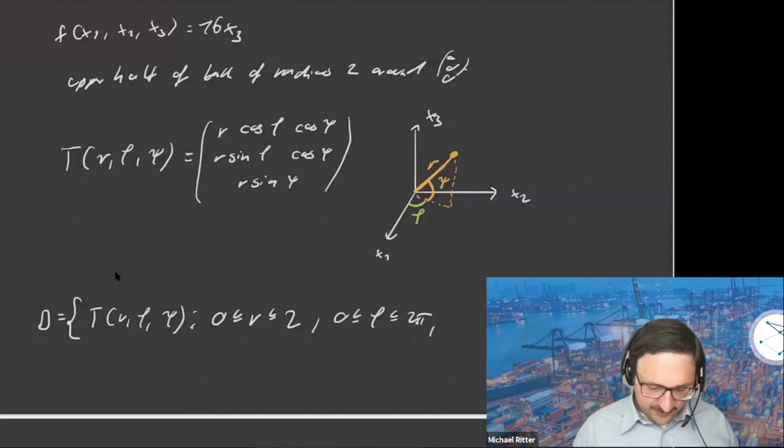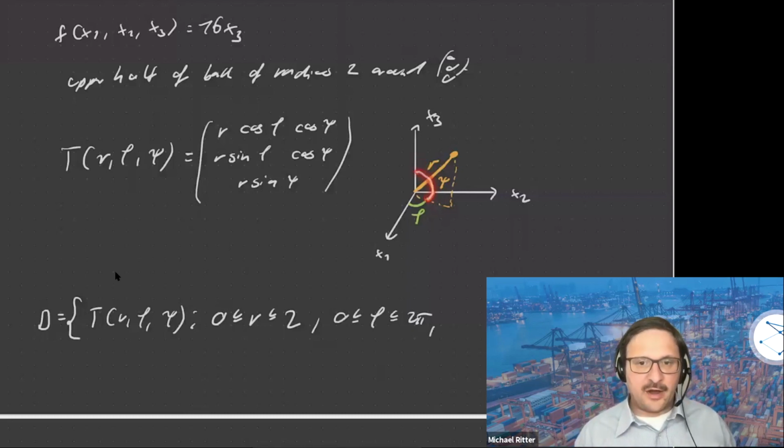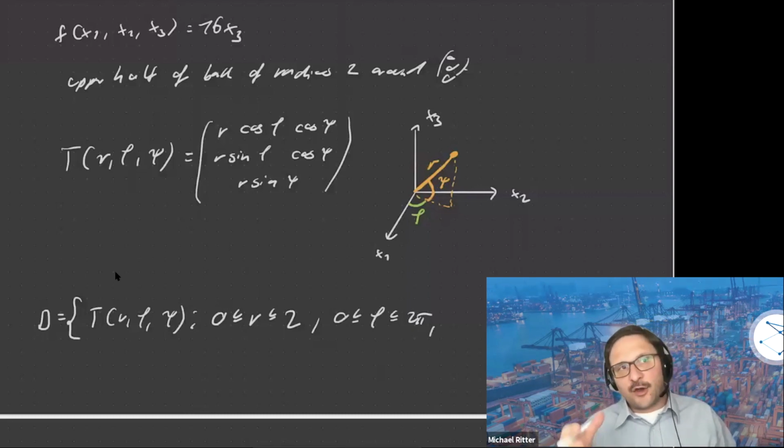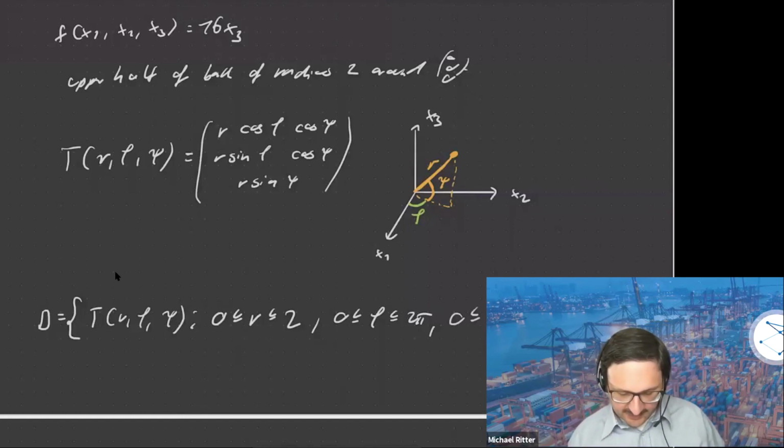And finally, for that psi here, we're allowing values between 0, right, in the plane. And the most we can go upwards is up to that x3 axis here. So we're allowing psi to vary between 0 and pi over 2. It's 90 degrees, pi over 2. So 0 less or equal to psi less or equal to pi over 2.